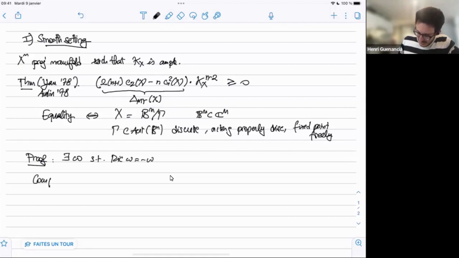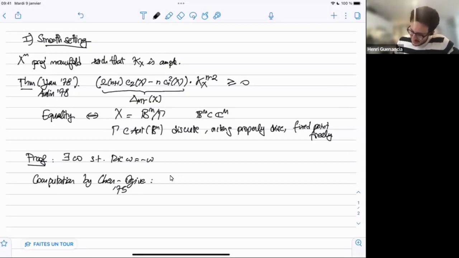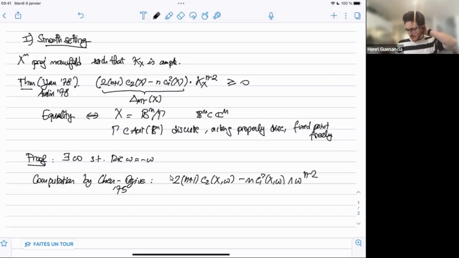And then you have a computation that was done earlier by Chen and Ogiue, I think it was 75, that says that in the particular case of an Einstein metric, you compute this not at the level of cohomology, but really at the level of forms. So I compute the Chern forms with respect to the Hermitian metric omega of the tangent bundle of X, and I wedge with omega^(n-2), where omega belongs in the Chern class of K_X.